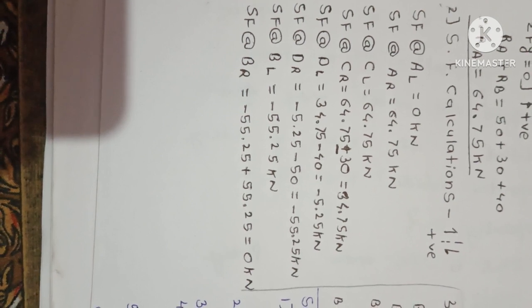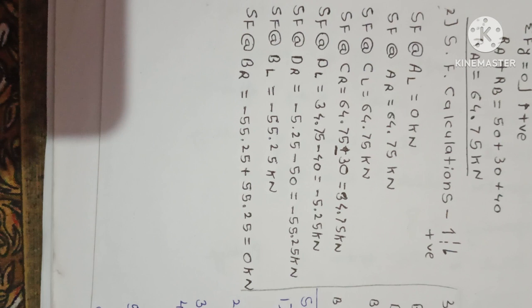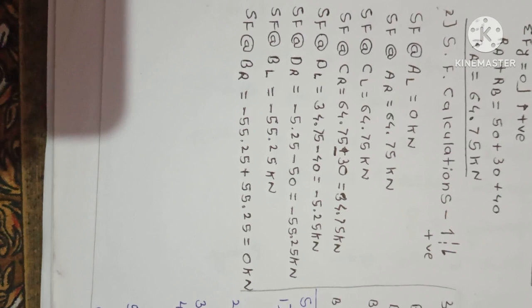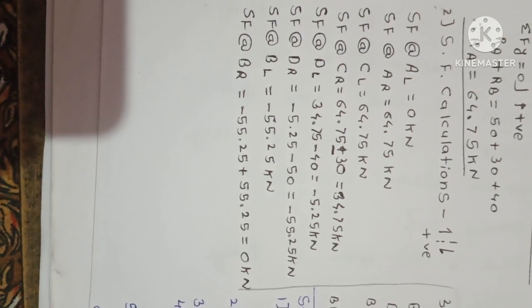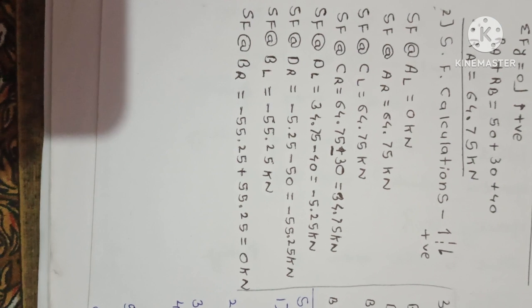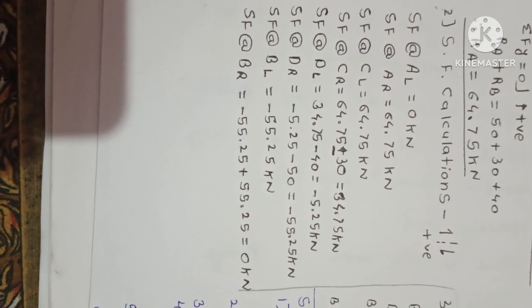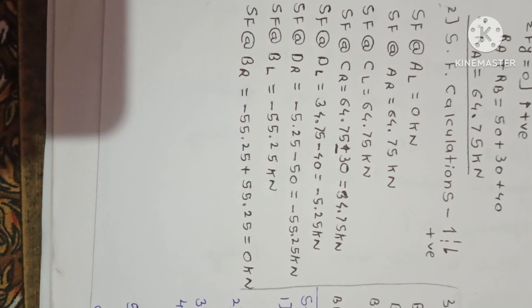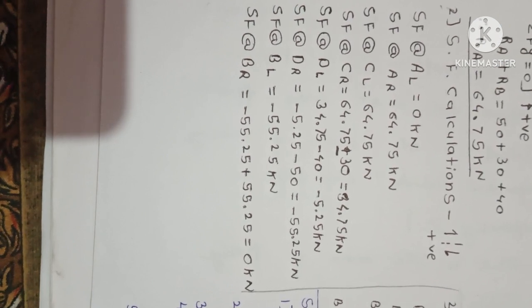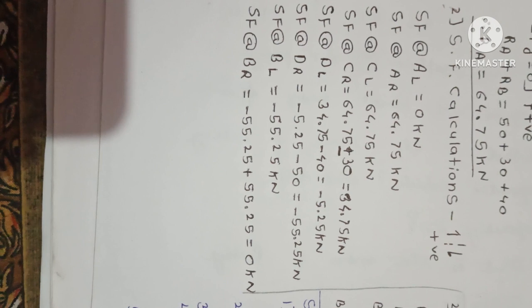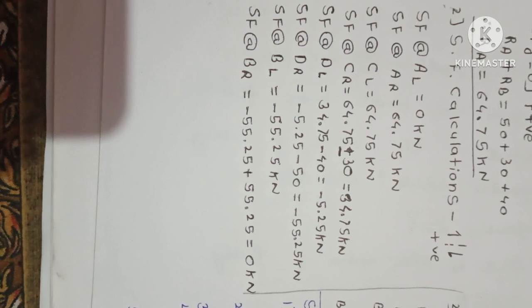Shear force at C right, where the load is acting, is 64.75 minus 30, which is 34.75 kilonewtons. 5. Shear force at D left, where the UDL also acted, is 34.75 minus 20 into 2, which is 34.75 minus 40, equal to minus 5.25 kilonewtons.